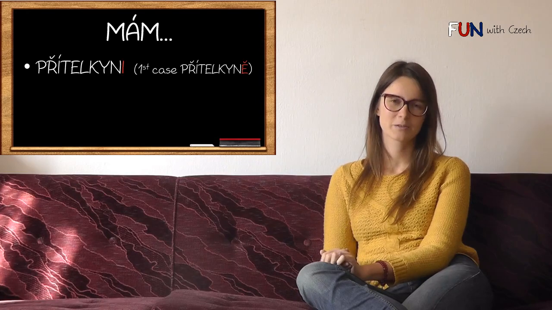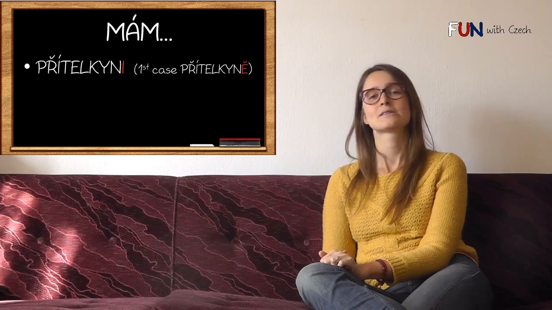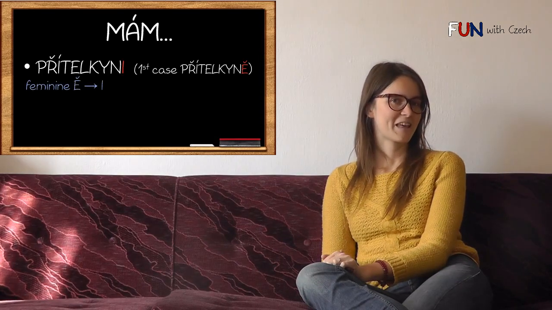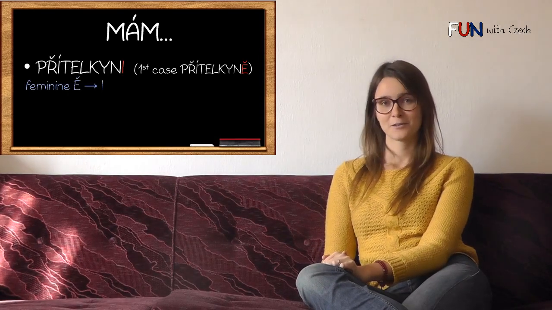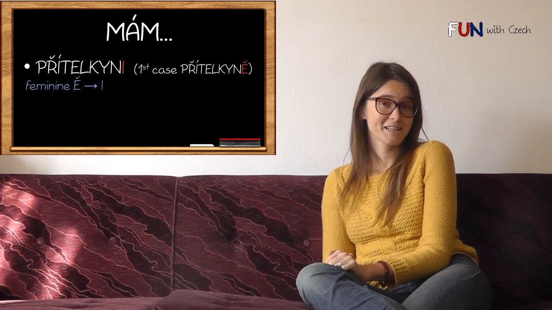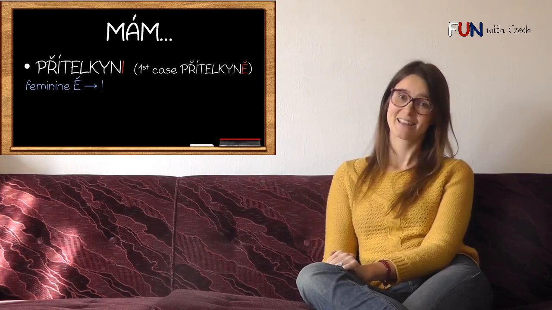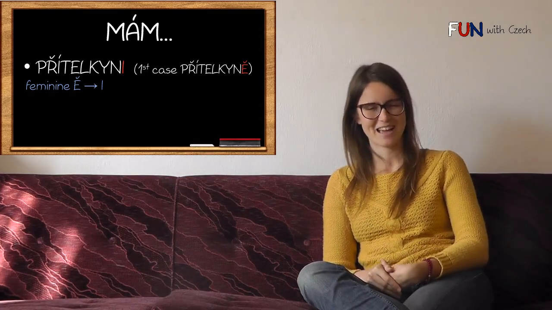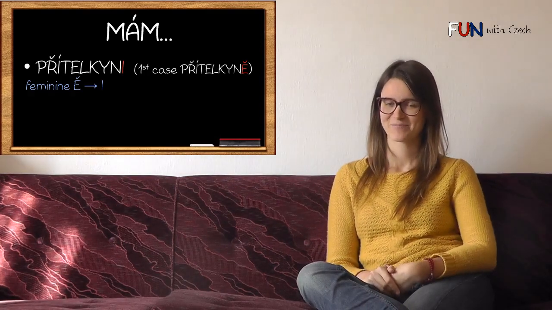For sure we had it in those tables in the previous video. So mám přítelkyni. I have a girlfriend. So if somebody asks you in a bar, máš přítelkyni, then if you have one, you say, ano, mám přítelkyni.